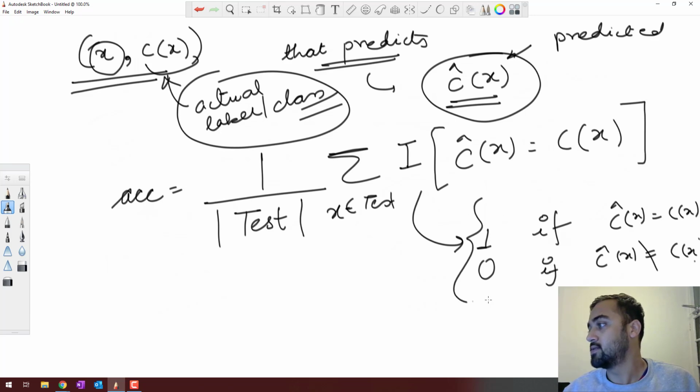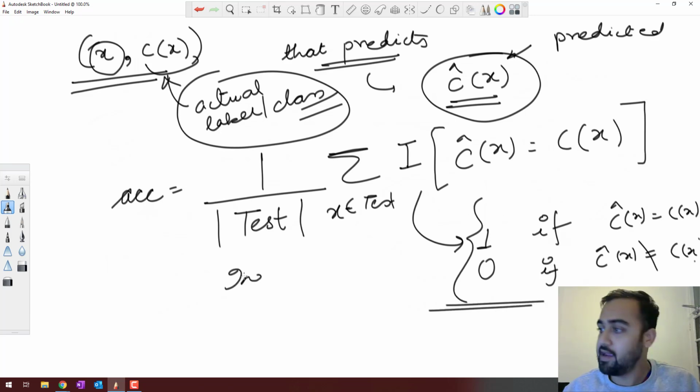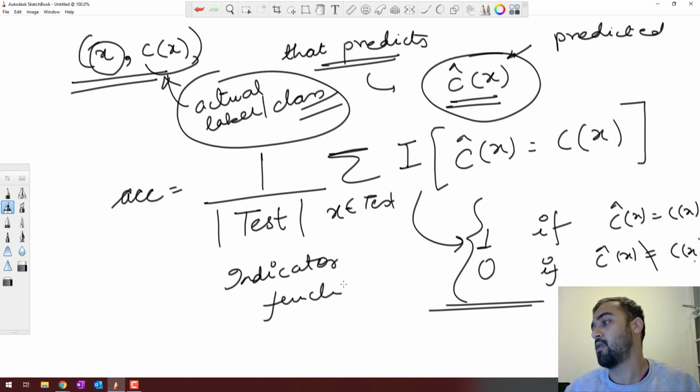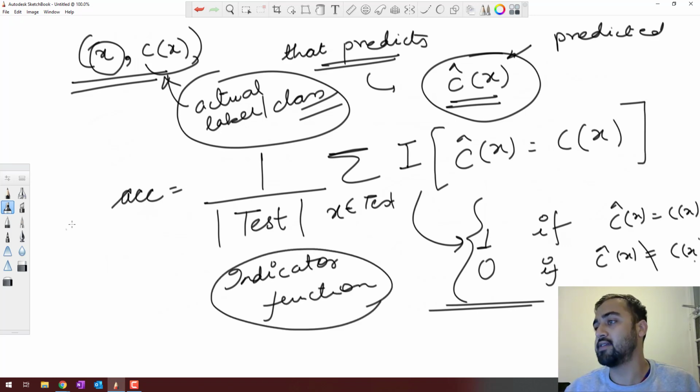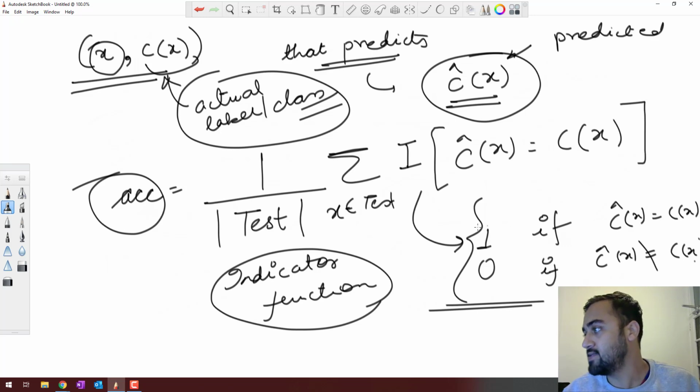So using a simple indicator function, we can calculate the accuracy. That means it will be 1 for all true positives or true negatives, while it will be 0 for all false positives or false negatives.